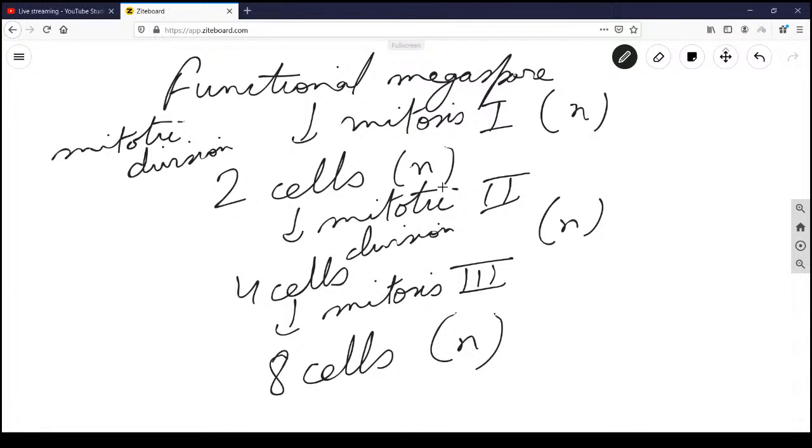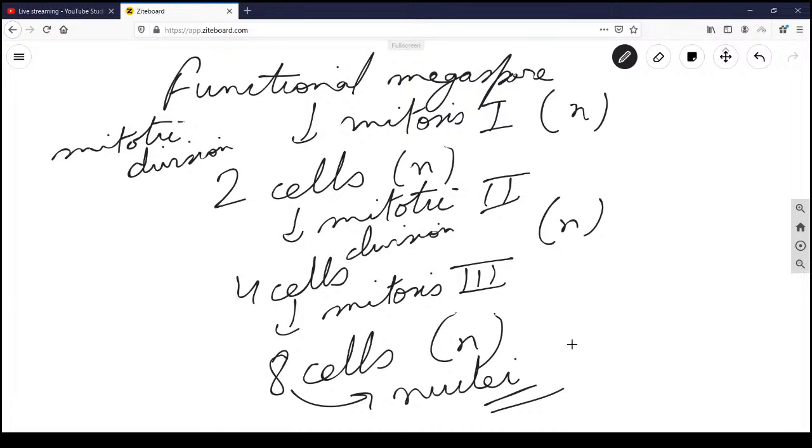So it undergoes 3 mitotic divisions to form 2, 4 and finally 8 nuclei. It is not cells really, it is the nuclei. Karyokinesis is happening, cytokinesis has not really happened here. I just wrote cells so that it gets in your head, but really it is nuclei. Now 4 of these nuclei are divided into a group of 4.